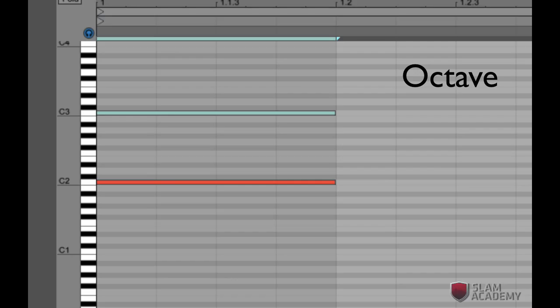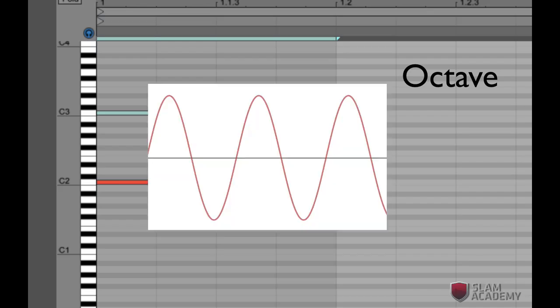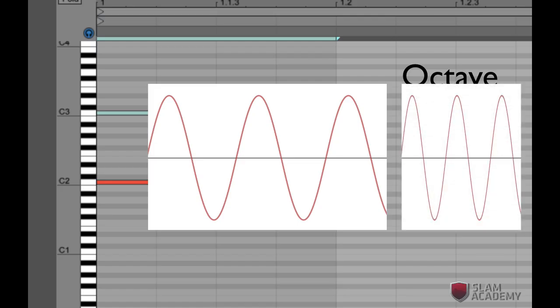Now, to explain why they sound good together, since this is an electronic music class, let's talk a tiny bit about synthesis. Well, not synthesis per se, but let's talk about waveforms. When we look at the waveform of the lower octave, in this case C2, it looks something like this. And then an octave higher than that looks something like this.